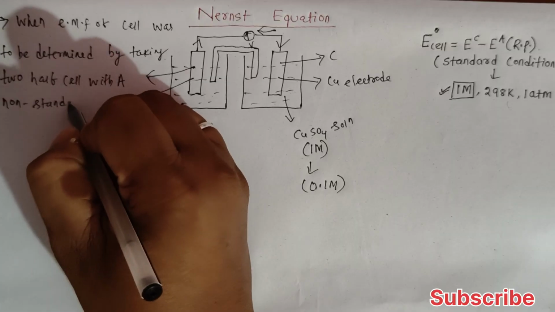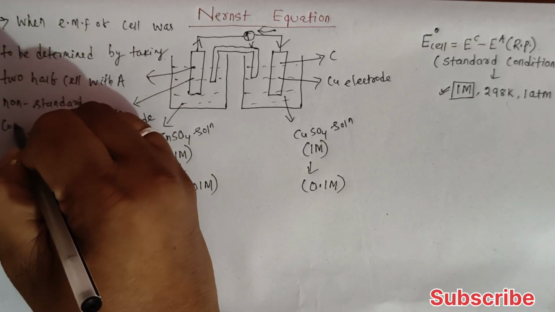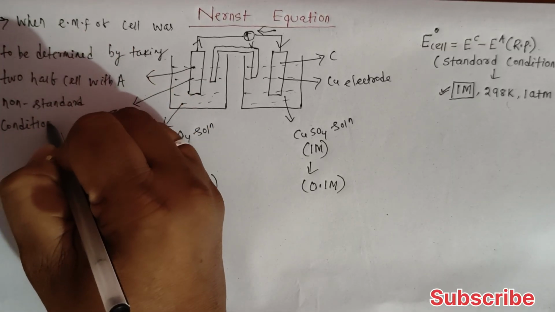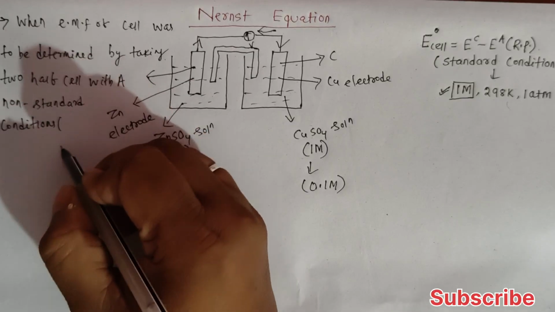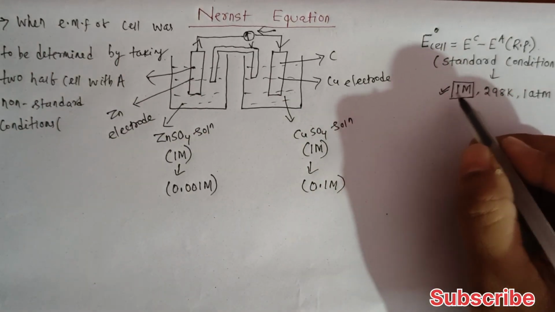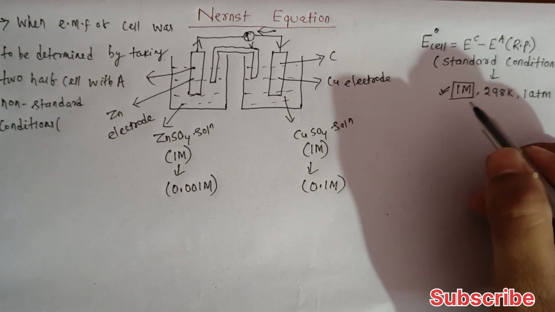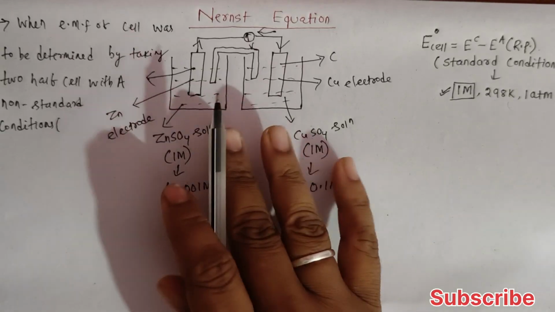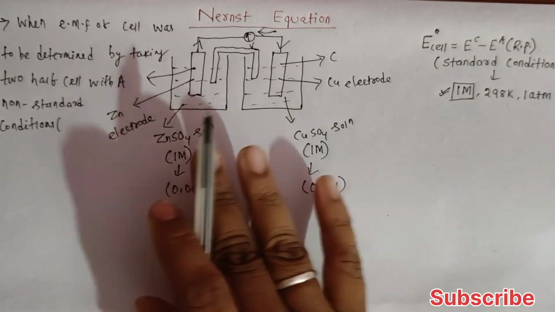What are non-standard conditions? Non-standard conditions means the concentration must not be the same. That means both half cells must have different concentrations.